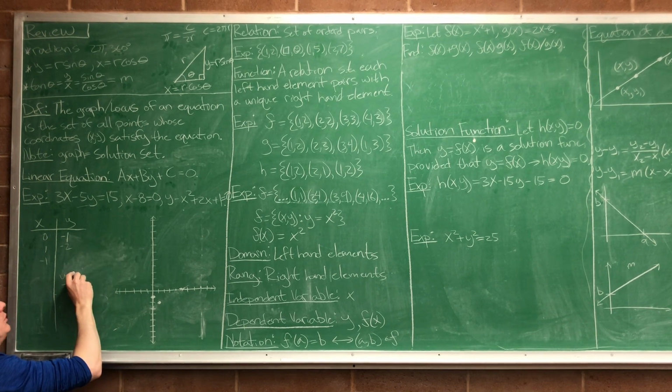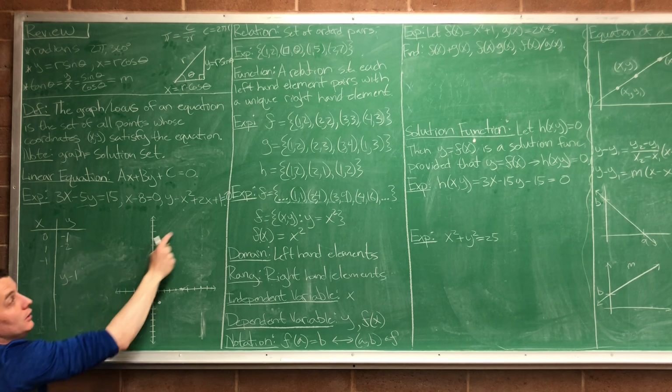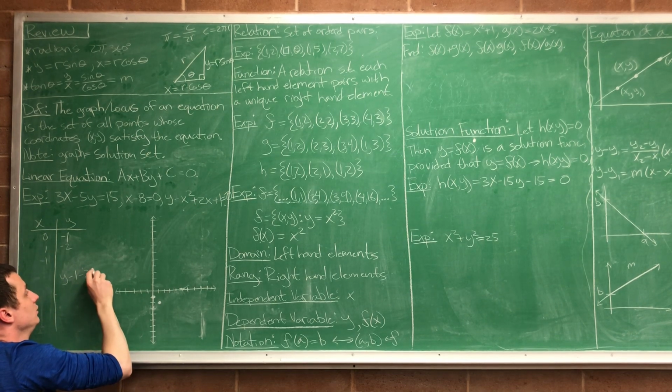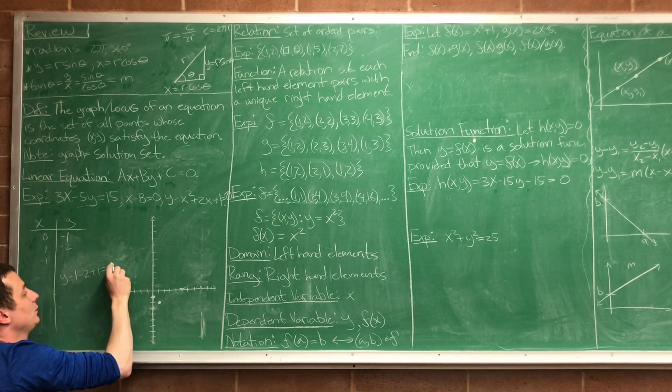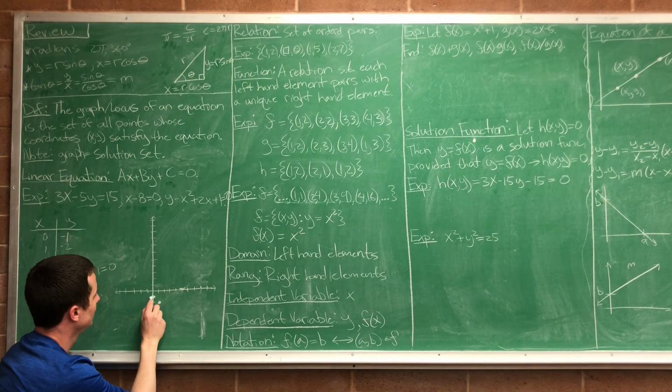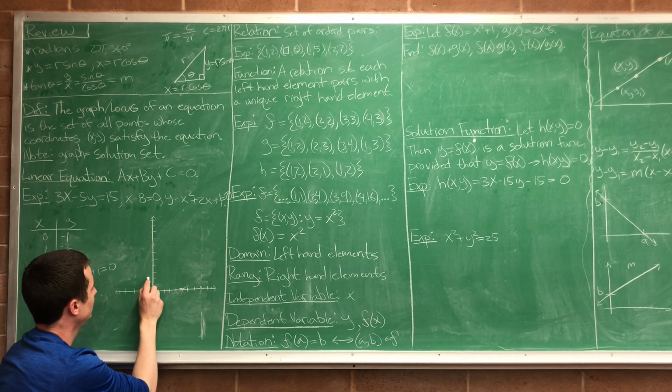So y minus 1, 2 times negative 1 is minus 2, plus 1 is equal to 0. What does y equal? 2. So when x is negative 1, y is equal to 2.